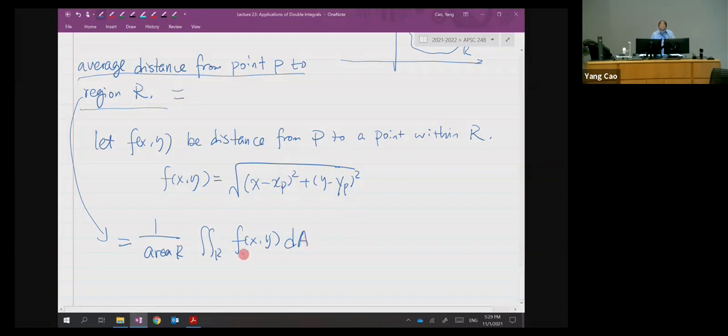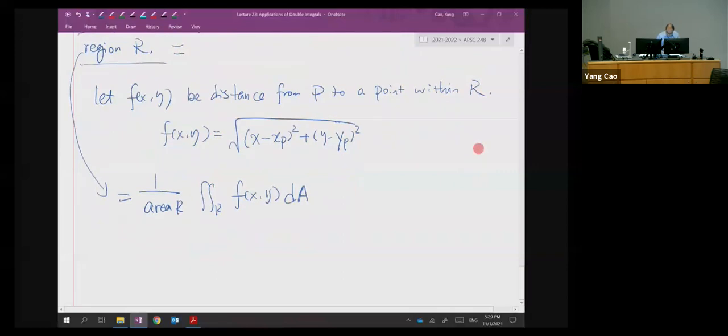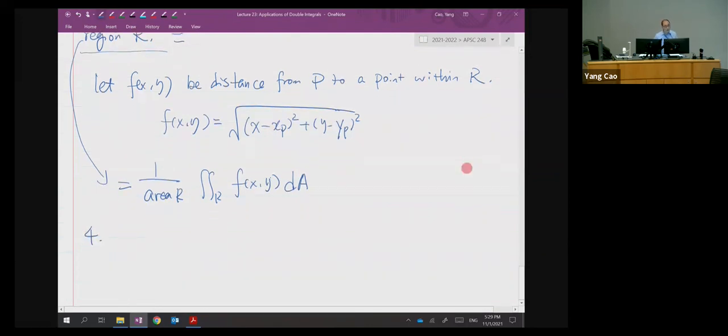Now you're giving the function a different meaning, and you get a different physical meaning back. That's how you would use this formula to calculate the average value of a certain function. Without giving you the actual numbers, once you get this kind of question, you just have to formulate it properly. Any questions on this part?